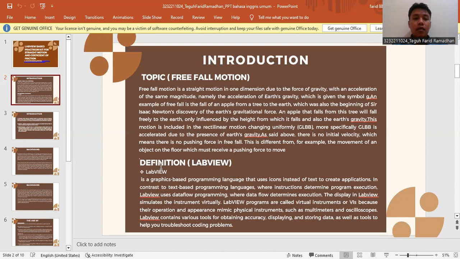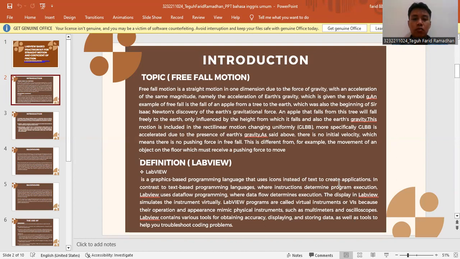And then the definition of LabVIEW. LabVIEW is a graphics-based programming language that uses icons instead of text to create applications.